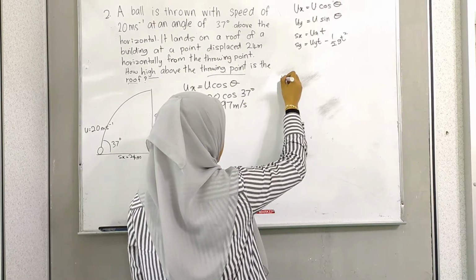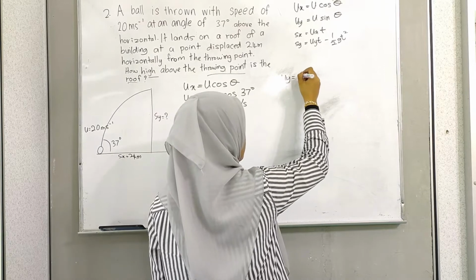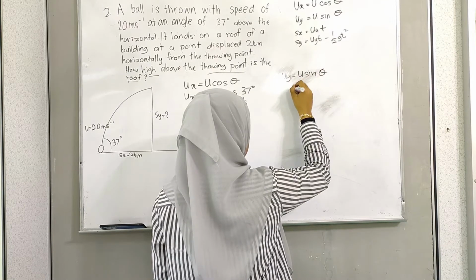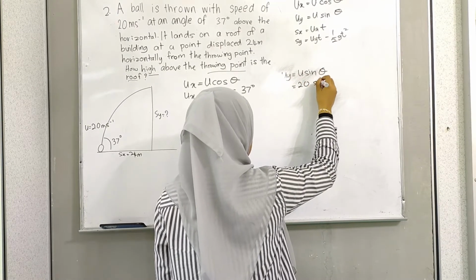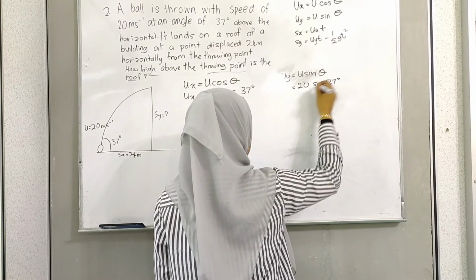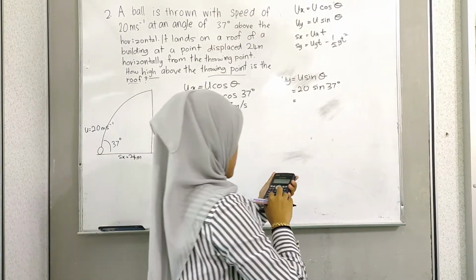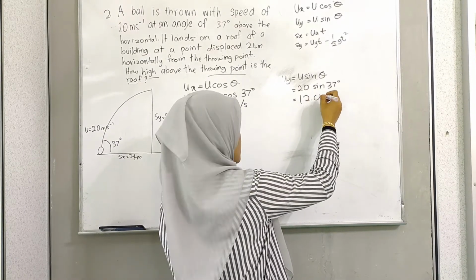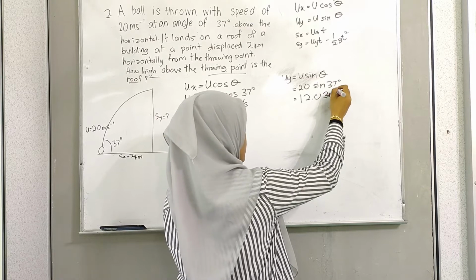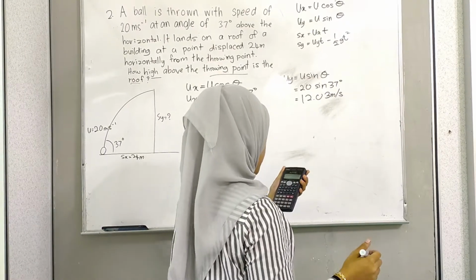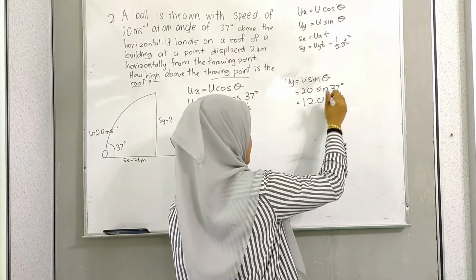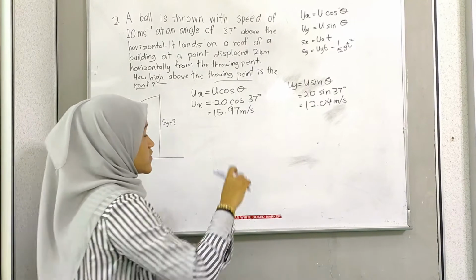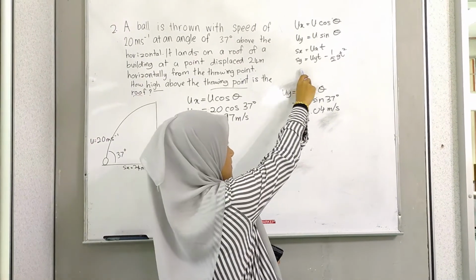And we have to find the uy using the formula uy equal to u sin theta, which is 20 sin 37 degree, equal to 12.04 meter per second. Sorry, 12.04.